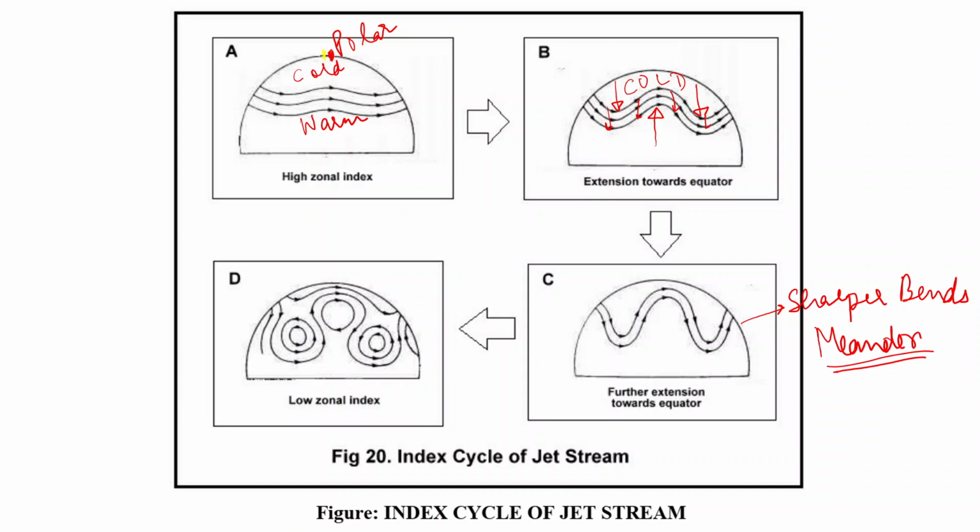So the wave amplitude in the third index increases. At this stage, the tropical air masses move further north. Now, the warm air mass has moved very close to very high latitudes, while the cold air mass has come very close to the lower latitude.